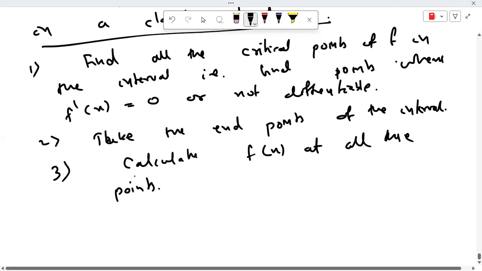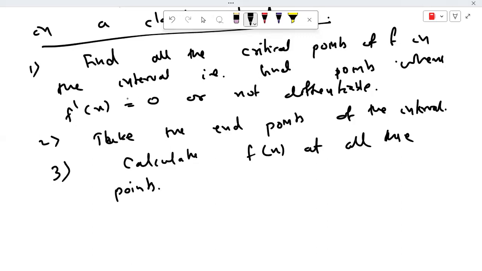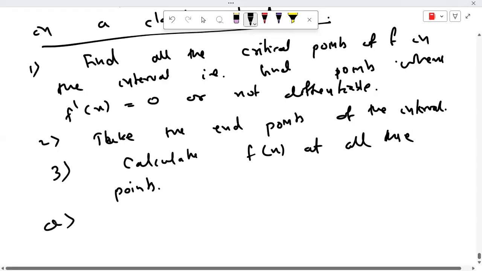If you do these three things, you can get the answer to find the maximum and minimum value in a given interval. Note it down. Then try this question.